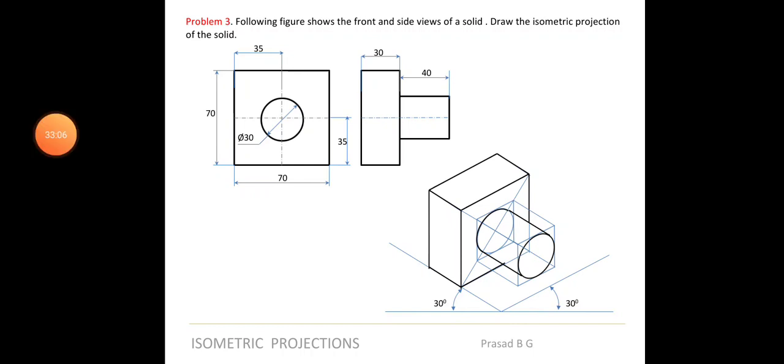Okay, so we have almost completed 3 problems in the question bank, and I have told you all the varieties in the case of isometry. So I expect all of you to actually complete this isometry part.